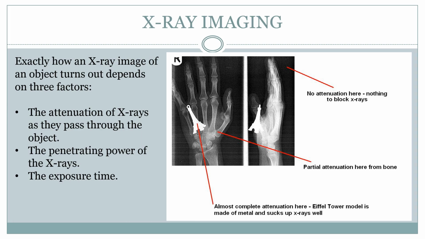So you can see that the soft tissue part is mostly black. Now, the Eiffel Tower itself, which is made out of metal, essentially attenuates all of the X-rays. You can see that the area behind that on the film is extremely white, which means that almost all of the X-rays that hit that metal model are absorbed, and very few pass through to the other side.